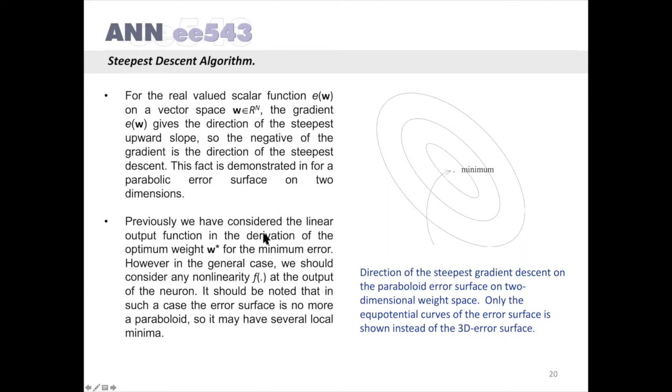Previously, we have considered the linear output function in the derivation of the optimum weight W star for the minimum error. However, in the general case, we should consider any nonlinearity f at the output of the neuron. It should be noted that in such a case, the error surface is no more a paraboloid, so it may have several local minima.